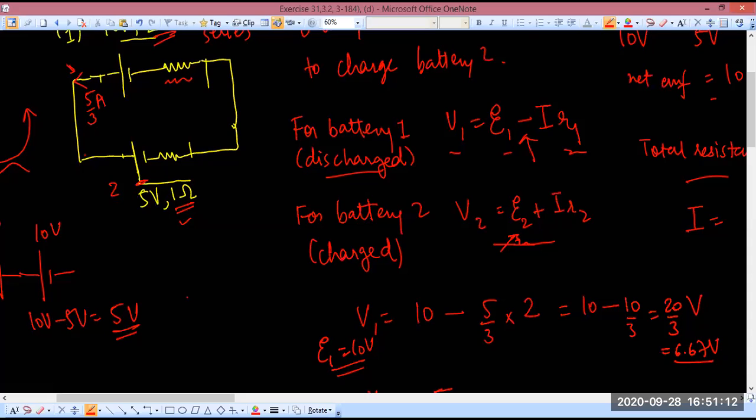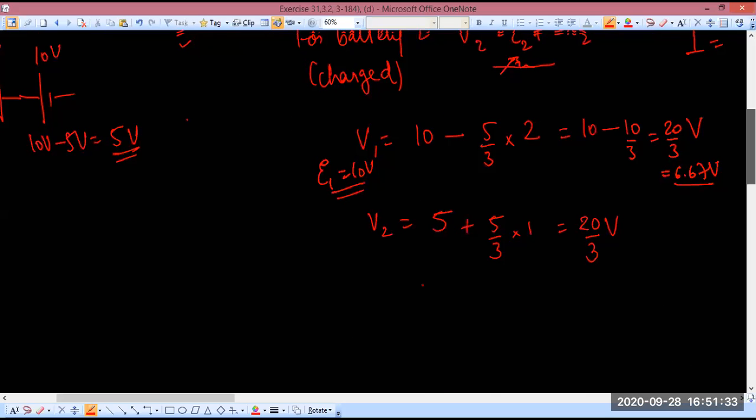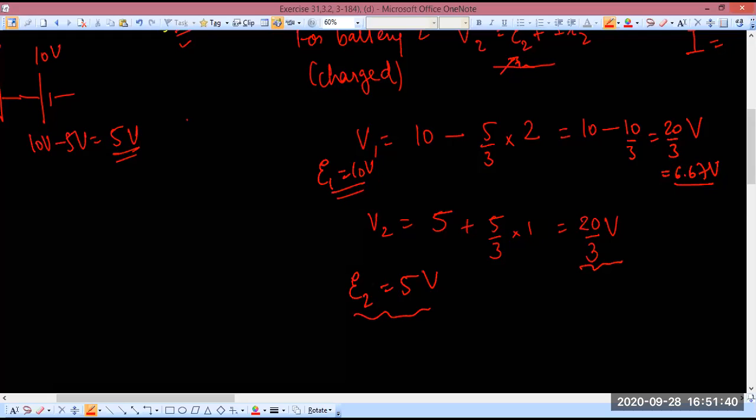Here there is nothing else in this whole circuit. If you look at these 2 points, let's call them A and B, and call these C and D, the voltage between A and B should be the same as the voltage between C and D, because there's nothing else. That's why we are getting both these answers the same. But you can clearly see that this terminal voltage is bigger than the EMF.